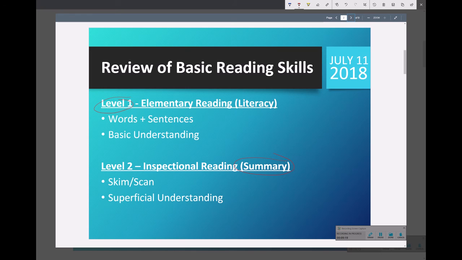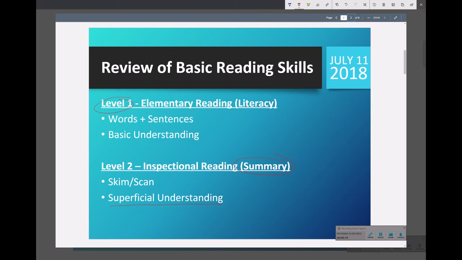But the understanding that you'll get from these is superficial because you're only reading possibly the title or the first paragraph or the first sentence of each paragraph, which usually is the topic sentence. So you only understand the topic of things, not necessarily the evidence or the interpretation, which would be in the next sentences in paragraphs, which we'll talk about later.